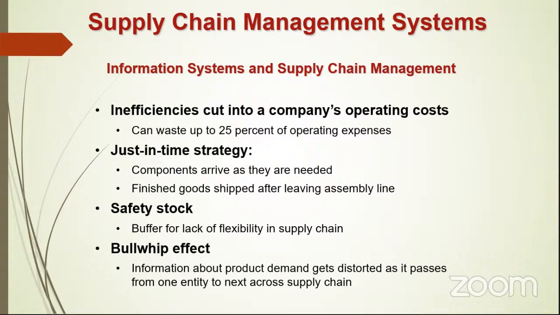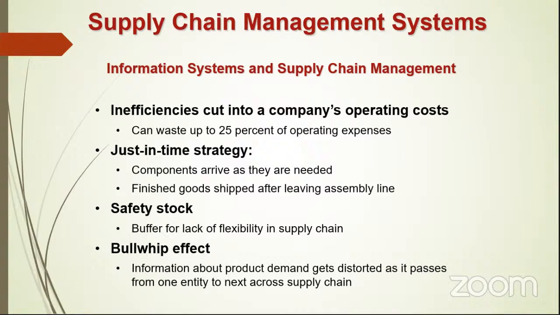All right, so supply chain management can actually lead to reducing inefficiencies in a company's operating costs, because if they carefully follow what is happening in the supply chain, the firm is neither going to overorder nor order before it is necessary.